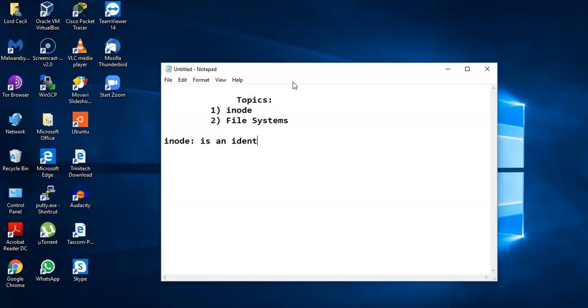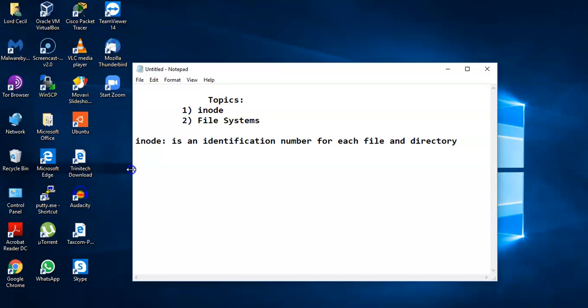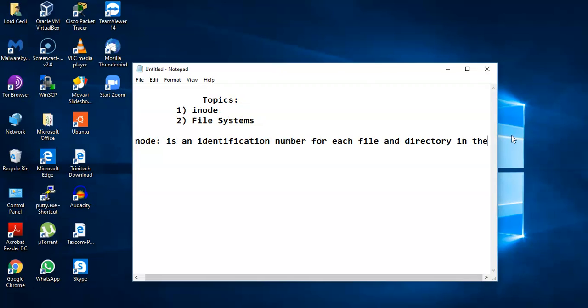Say inode is an identification number for each file and directory in the Linux system.